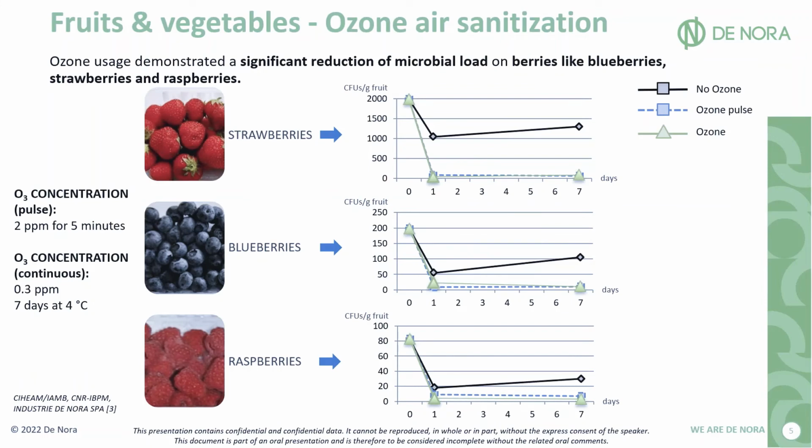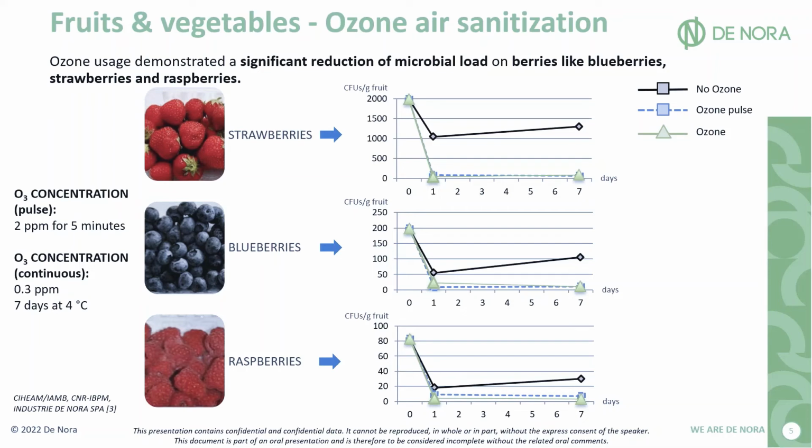We made some tests, and there are a lot of companies using ozone on small fruits, berries like blueberry, strawberry, raspberry, and so on. In this presentation, I show you two different kinds of application. The charts show microbial loads, colony forming units per gram, versus days of storage, with two different regimes and the control without ozone.